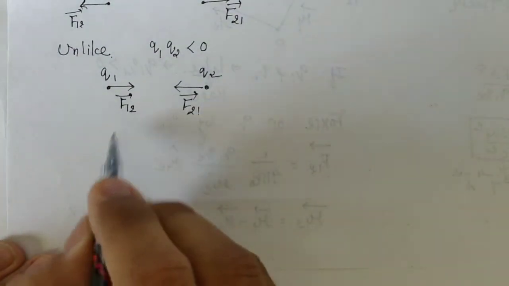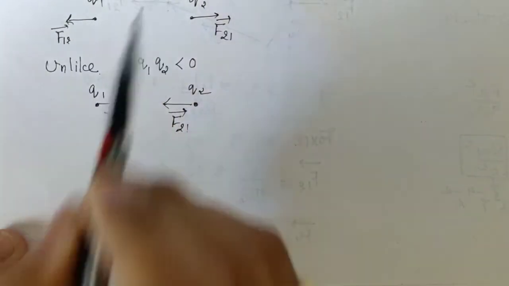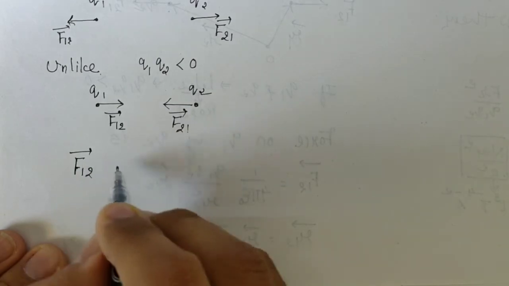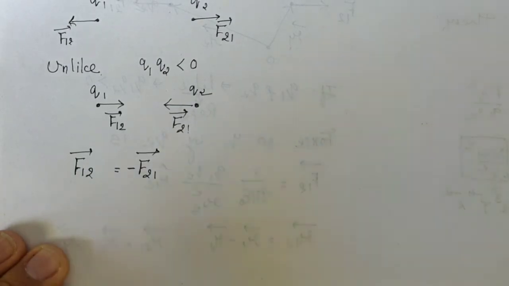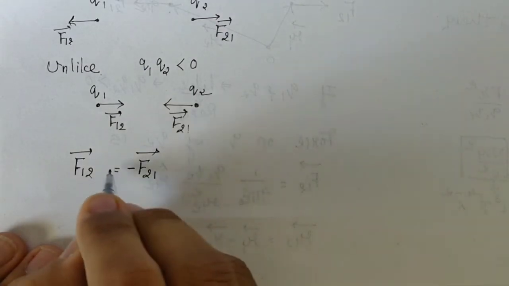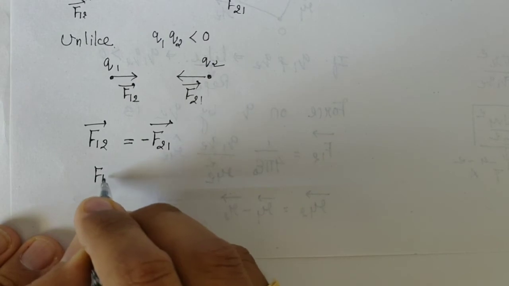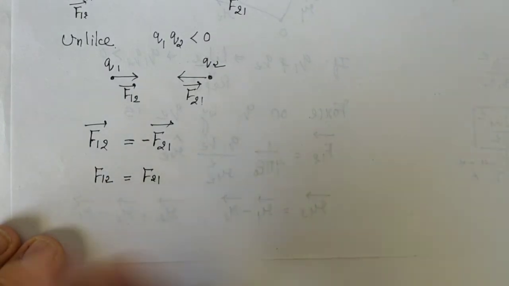In both these cases, F12 and F21 are opposite to each other, and they are the same in magnitude. F12 is equal to F21.